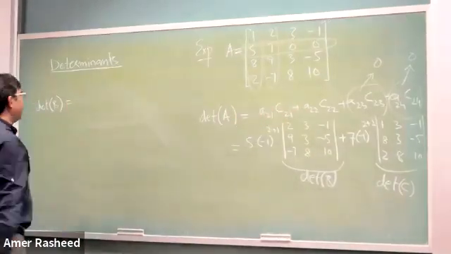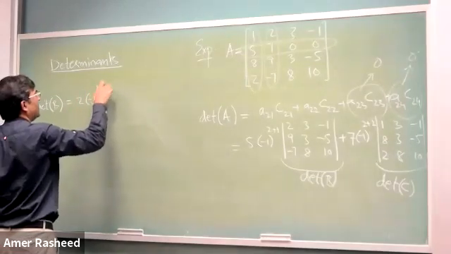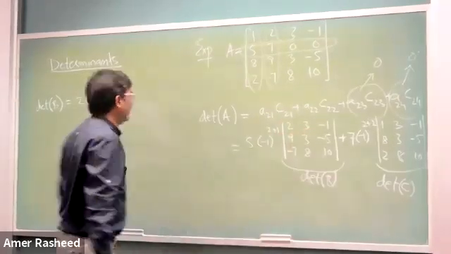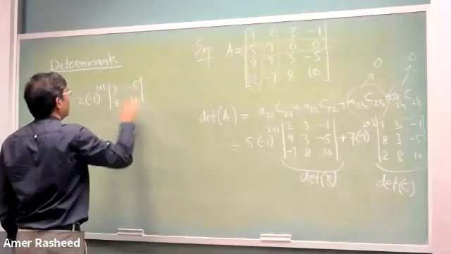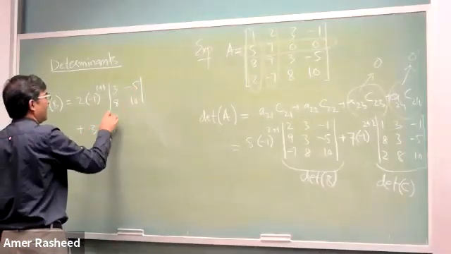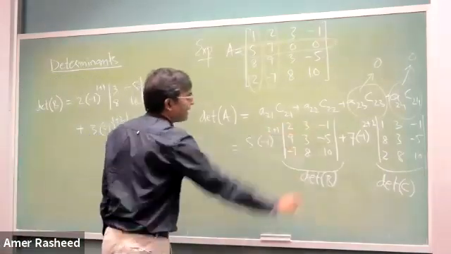So I'm going to use the first row, for example. So 2 times -1 raised to 1 plus 1 times: we delete the first row and first column, and we are left with 3, -5, 8, 10. Plus the second entry, 3 into -1 raised to the power first row, second column, times the minor: we delete first row, second column.